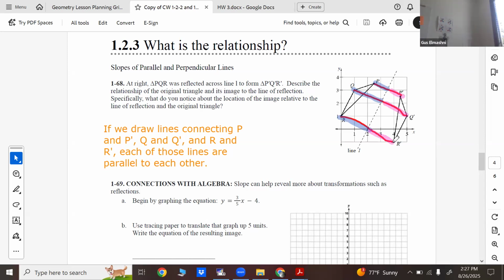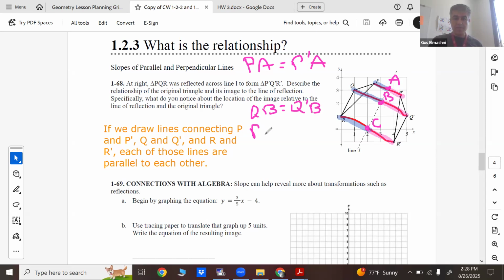So if I call this A, B, and C, then PA equals P prime A, QB equals Q prime B, RC equals R prime C. So that's another thing we notice with reflections.